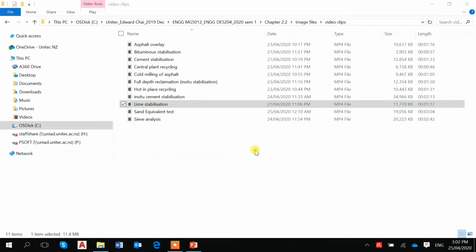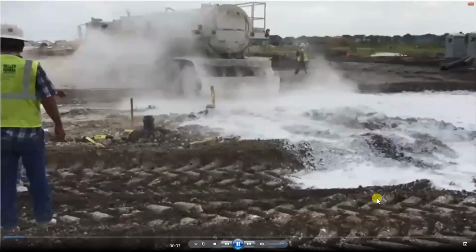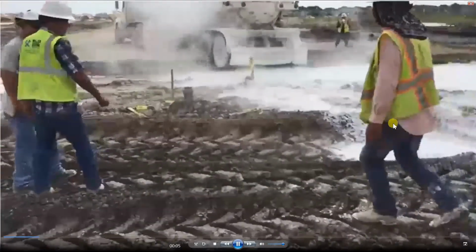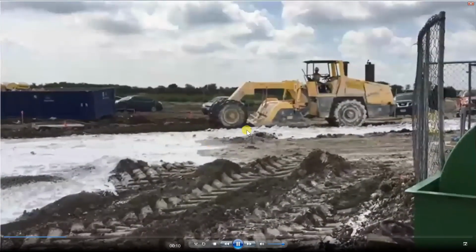So the lime truck is going across the rod. This is actually the subgrade.